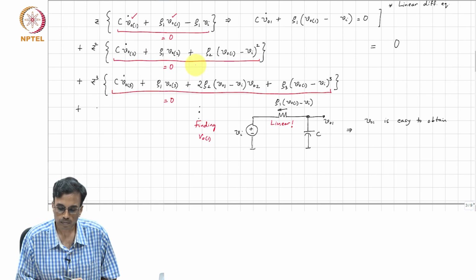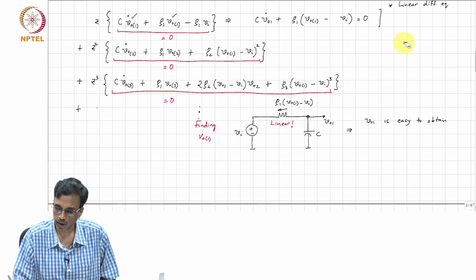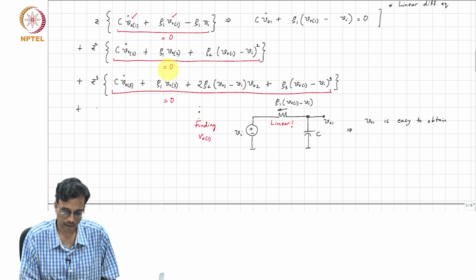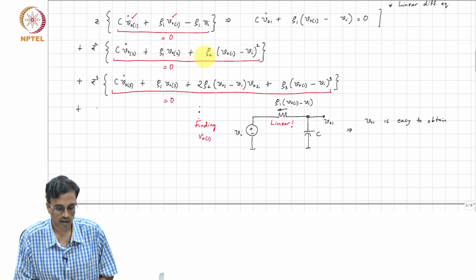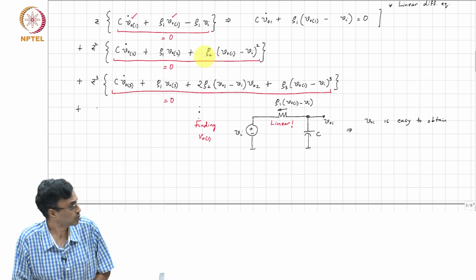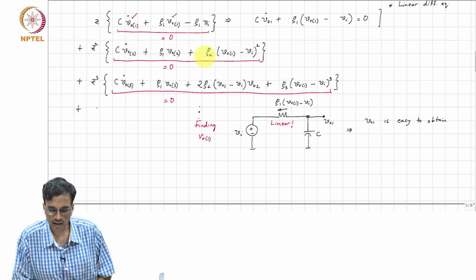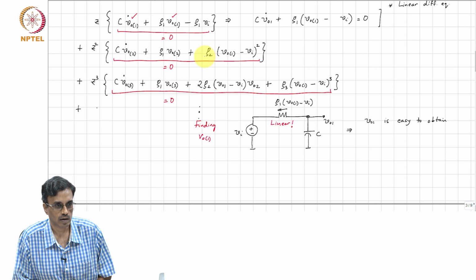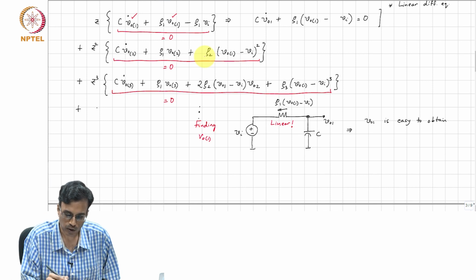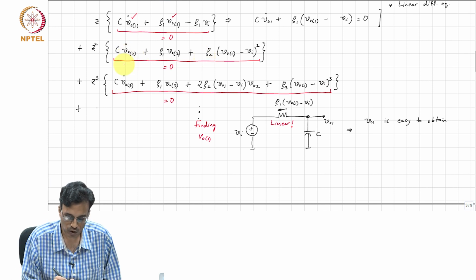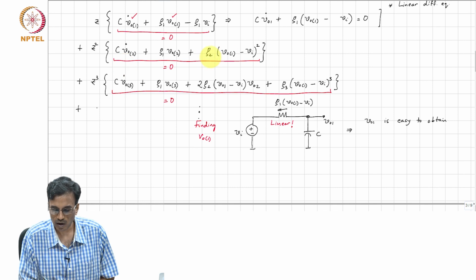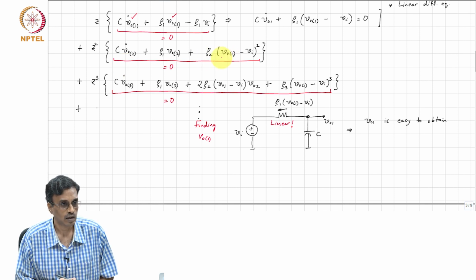Since this is 0, what comment can you make about this differential equation? This is also a differential equation. Is it linear or non-linear? Which is the known and which is the unknown? The unknown is V02, right. What about V01?